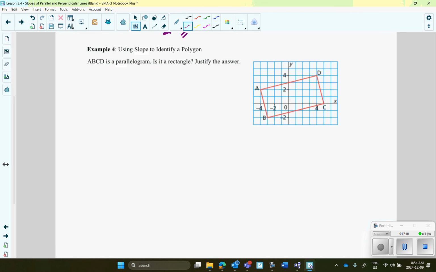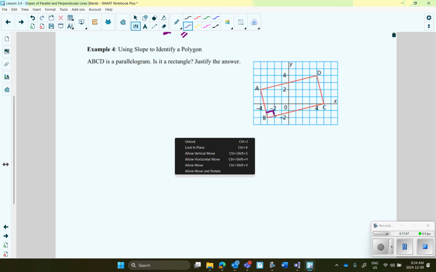How would we prove it? Well, if I can prove that one of these is a right angle, that means they all must be. Because I'm told it's a parallelogram. So I just have to prove one.